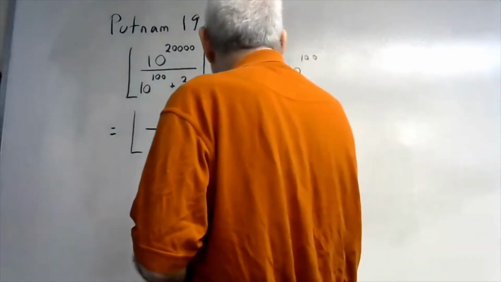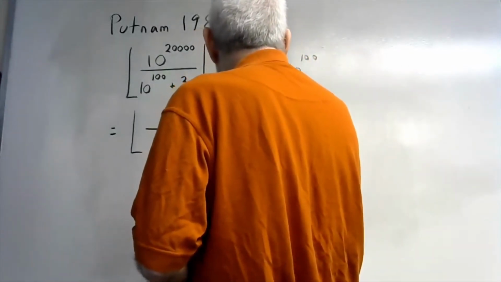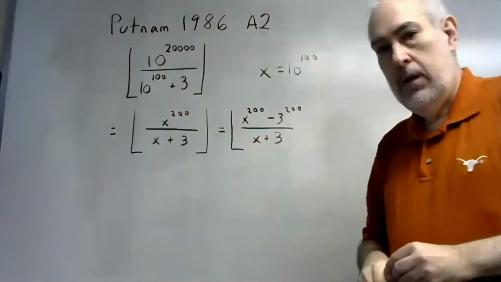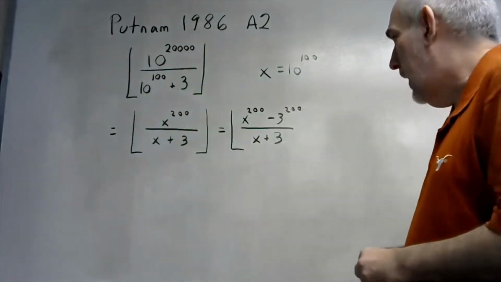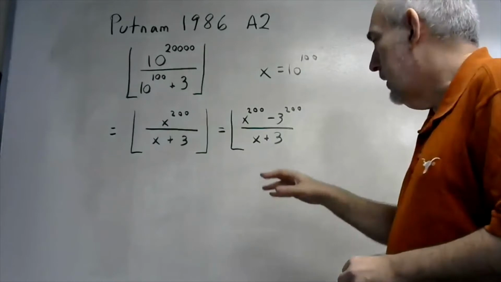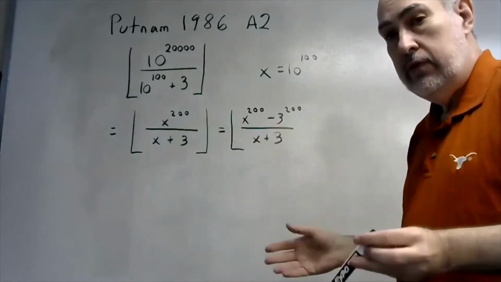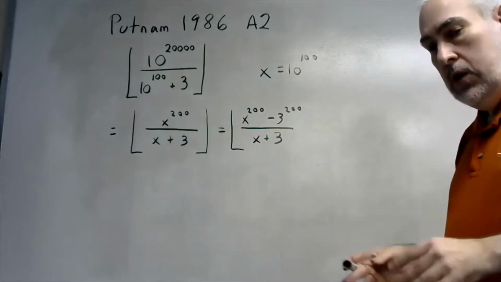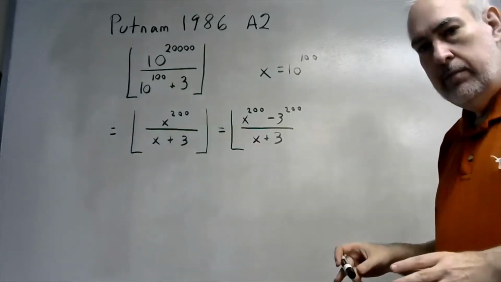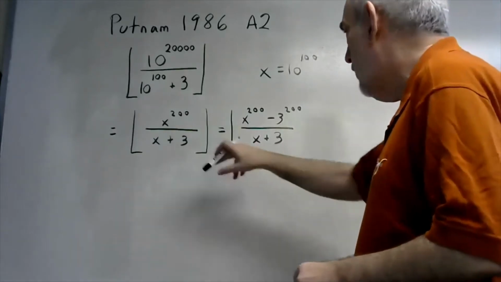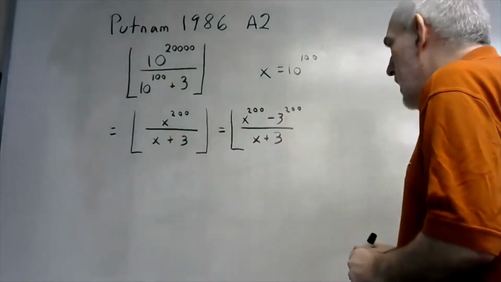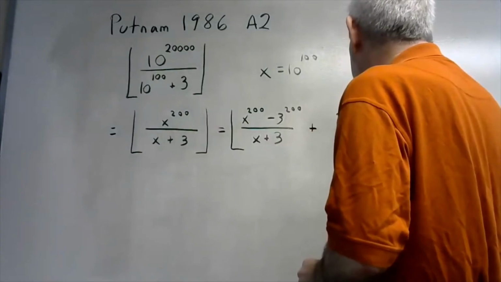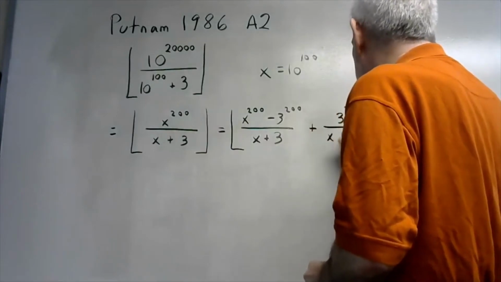So I'm going to introduce another term on top, minus 3 to the 200th power, so that when you plug in minus 3 into the top, that obviously makes it 0, therefore x plus 3 must be a factor. And we'll factor this a little bit later. But for now, since I changed the problem by subtracting 3 to the 200th, I've also got to balance this by adding 3 to the 200.